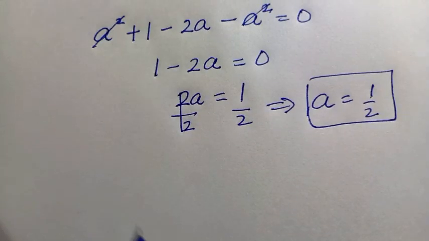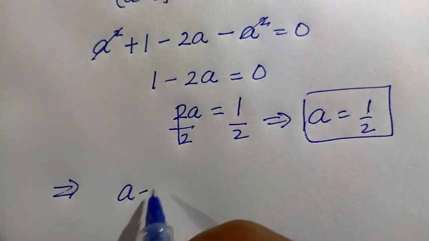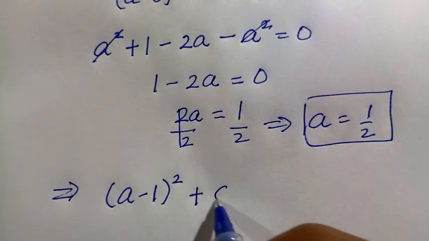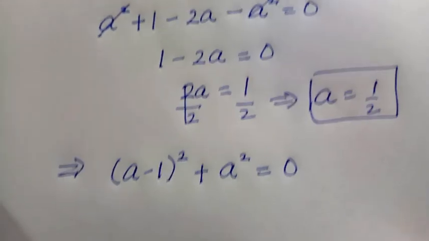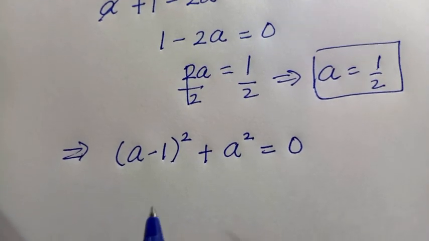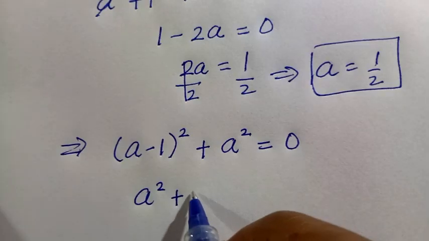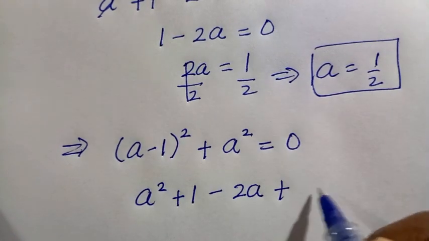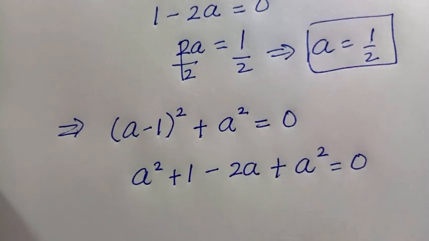By trying to do that as well, we have this as case 2: (a minus 1) squared plus a squared equals 0. By expanding this, we have a squared plus 1 minus 2a plus a squared equals 0.